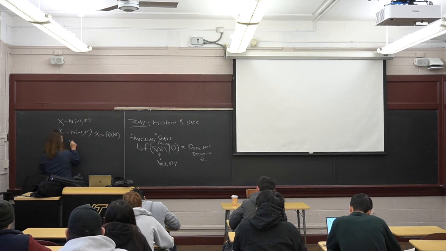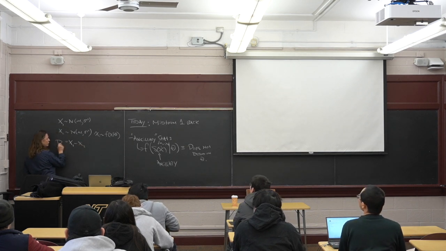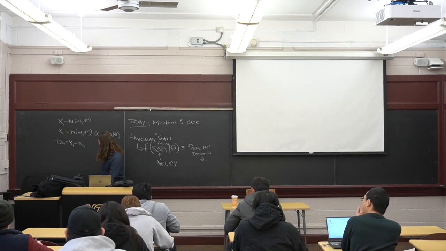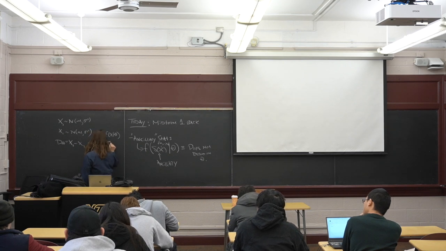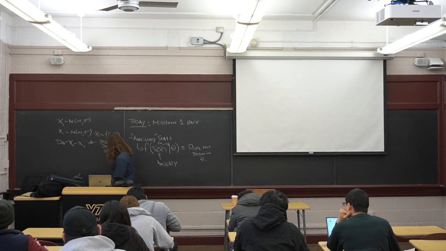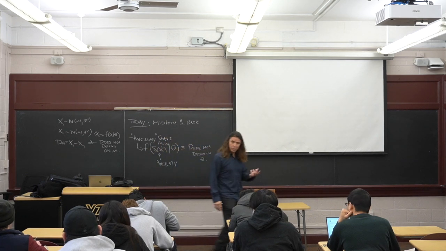But if I told you this, x1 minus x2, if I asked you to work that out, the difference between these two things, you might notice this does not depend on mu.